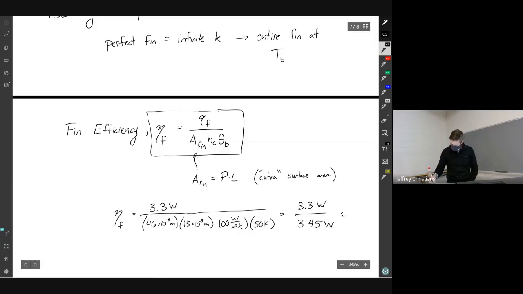So our fin efficiency ends up about 97%.